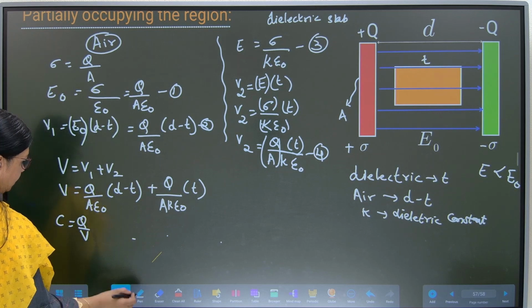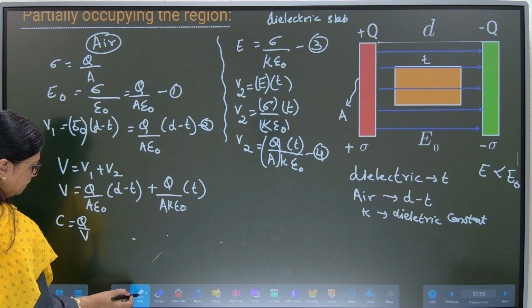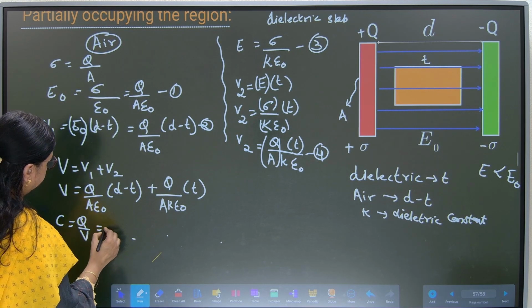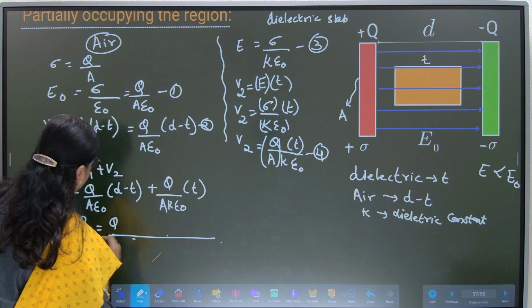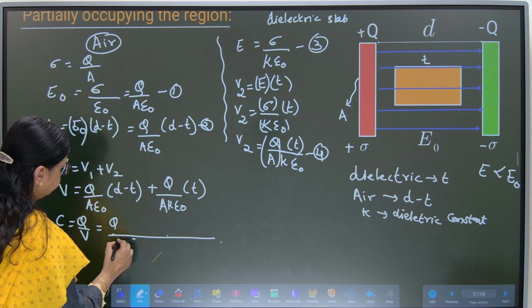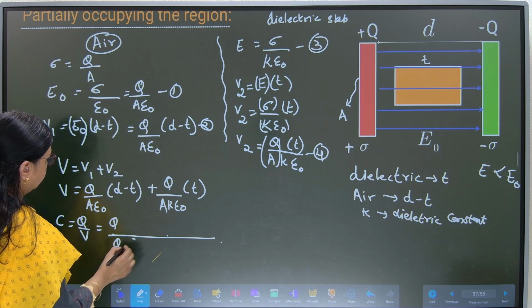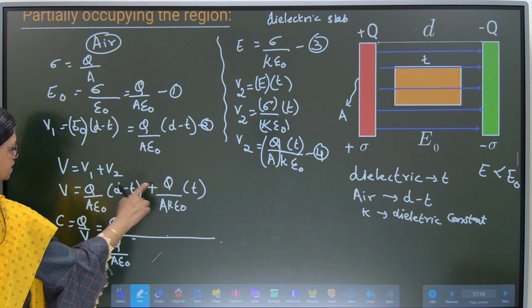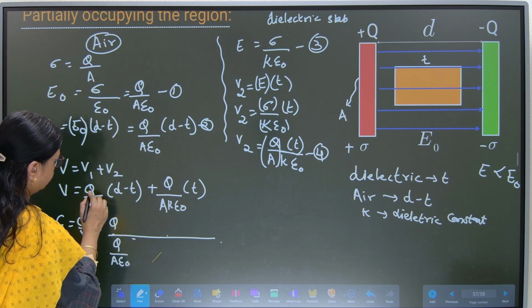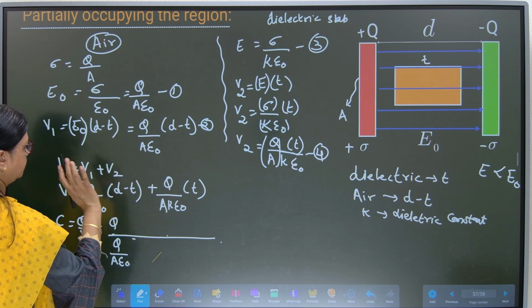So what we get here is Q divided by V, where V is Q upon A epsilon naught times the bracket. I can take Q upon A epsilon naught common, as it is there in both the terms.